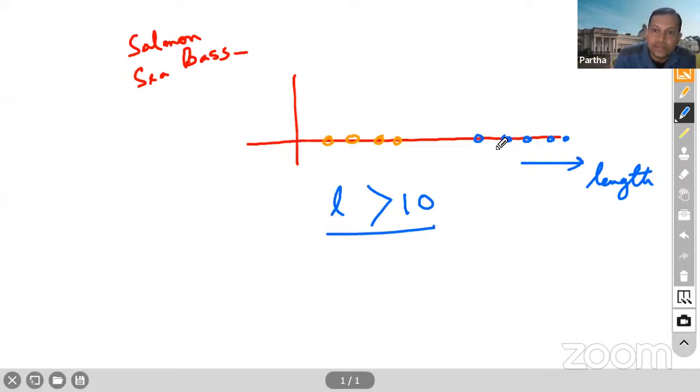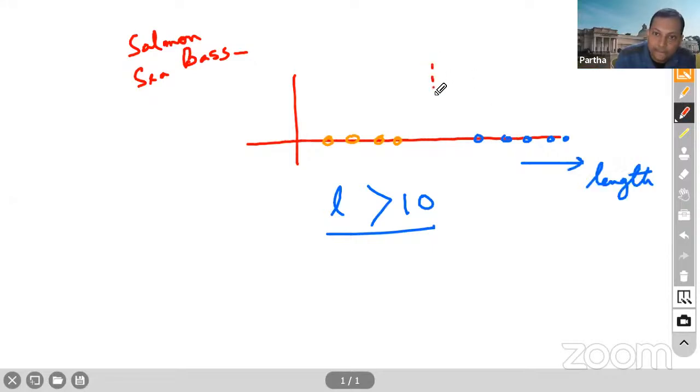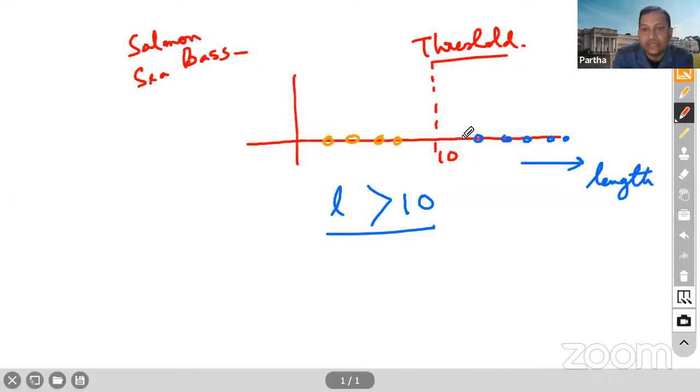So for the length feature, I am making a threshold, which is found somewhere, and here the length is 10. Given any fish, if the fish length is more than 10, I will say it is sea bass.